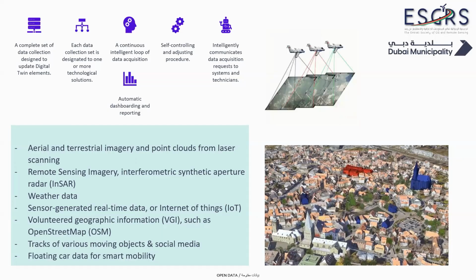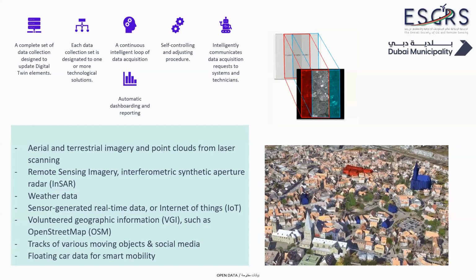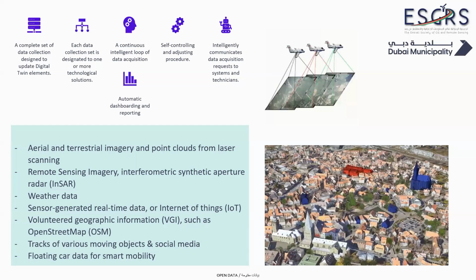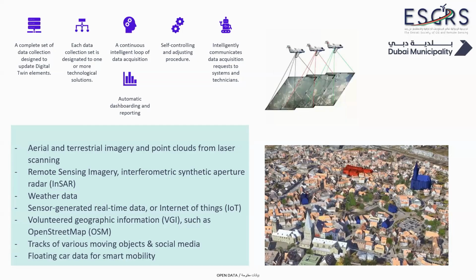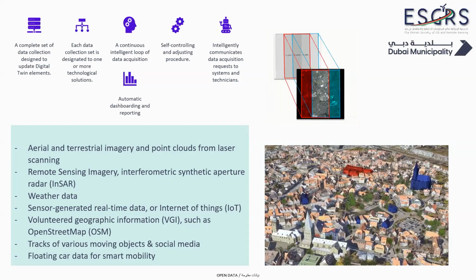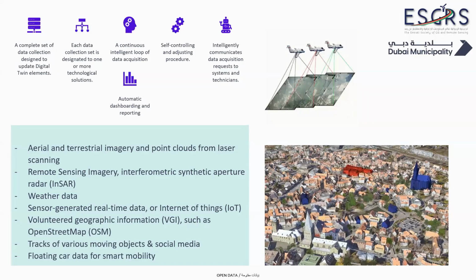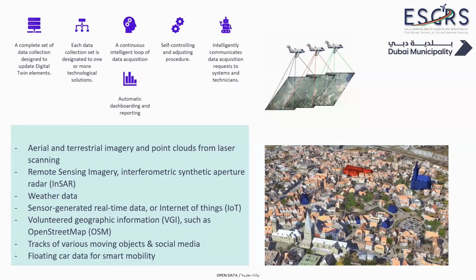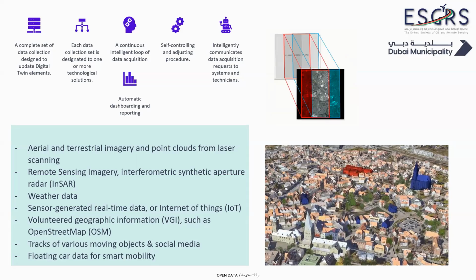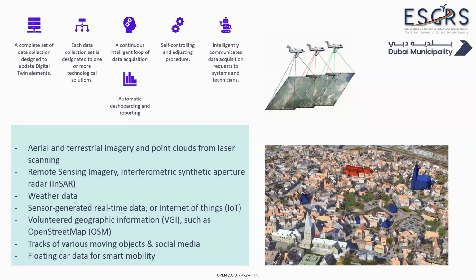Each data collection set is designed for one or more technological solutions, maybe more. Like, for example, we have a LiDAR car in Dubai municipality. It's roaming around collecting the LiDAR data. So we design it and complete this data using aerial photography. A continuous intelligent loop of data acquisition.